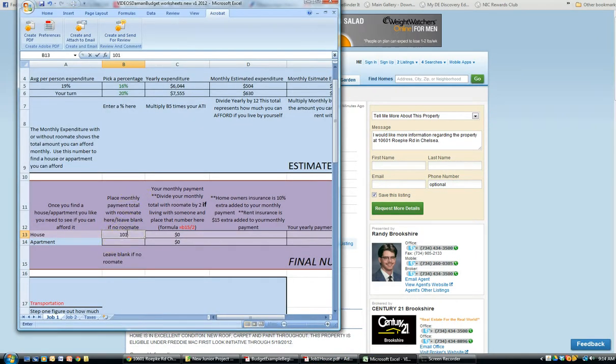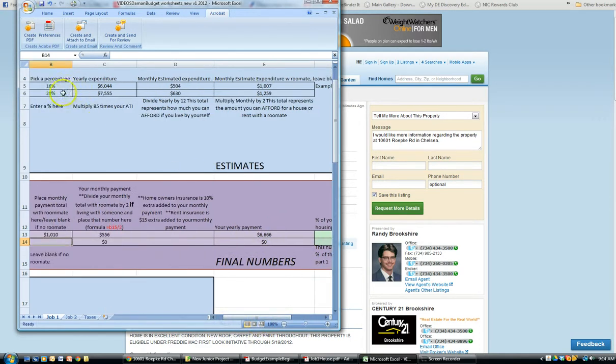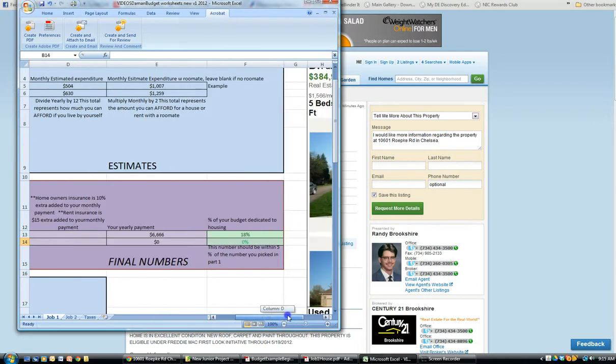Here I've added 10% and then divided it by 2 because of being married. So it gives me my yearly payment and then 18%. My predicted percentage was 20%, and if I'm off more than 5%, then I need to find a new house. 18% is within 2, so we're good.